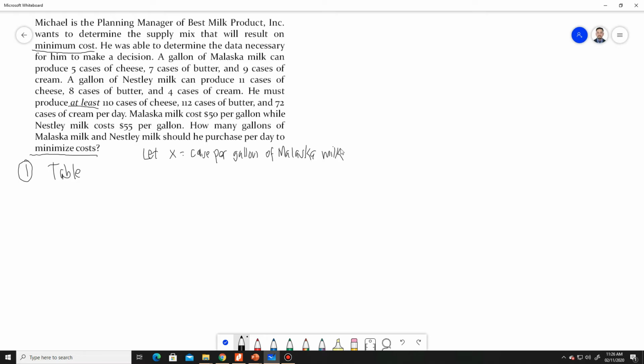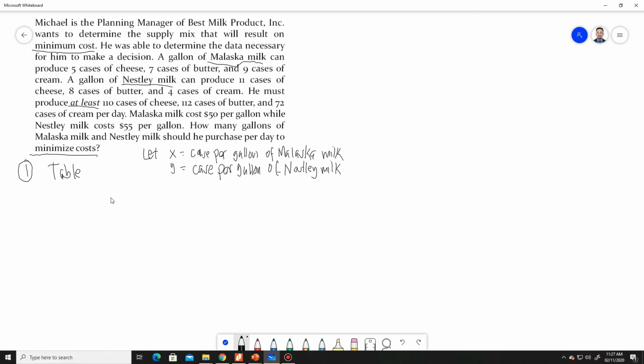So this is product 1, the Alaska milk. Then we let y be cases per gallon of the Nestle milk, which is product 2.